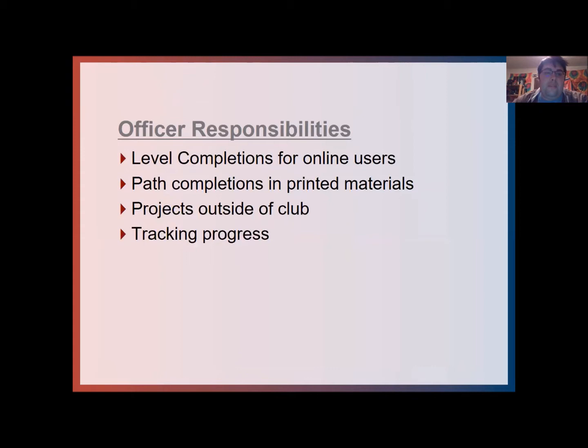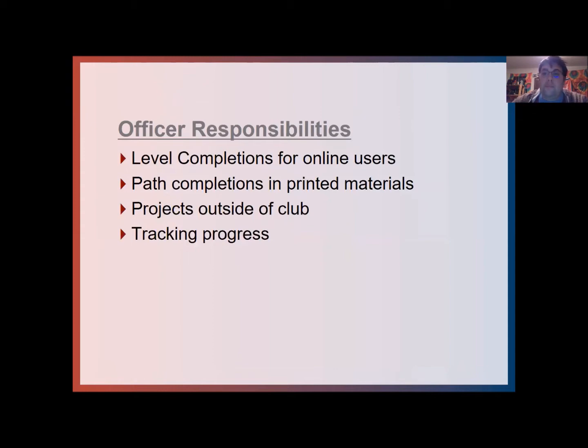Now, officer responsibilities. There's the level completions for online users. They have to acknowledge it or deny it. They put in the information for path completions for printed manuals, and accept projects outside of the club.